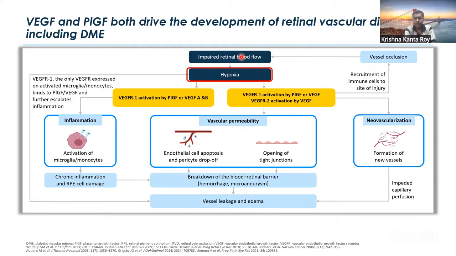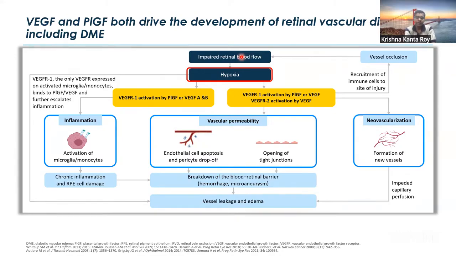When there is hypoxia, they produce vascular endothelial growth factor, VEGF, to promote vascularization of that area, so that new blood vessels grow and they can get oxygen. So they release VEGF A, B, and placental growth factor.